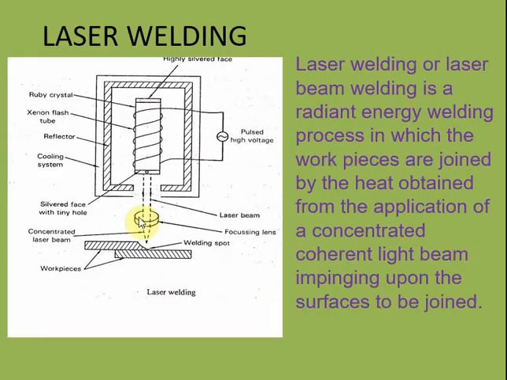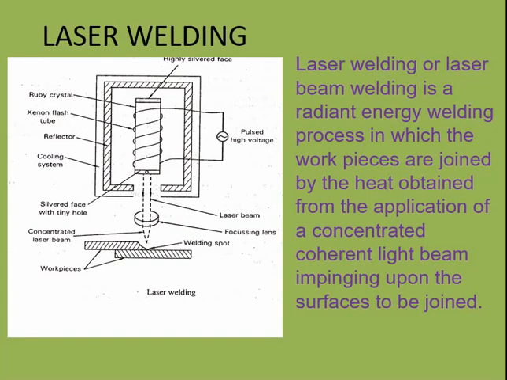Next kind of welding is laser welding. As the name indicates, the required heat is going to be generated using laser light. So the definition of laser welding is: it's a radiant energy welding process in which the workpieces are joined by the heat obtained from the application of a concentrated coherent light beam impinging upon the surface to be joined.